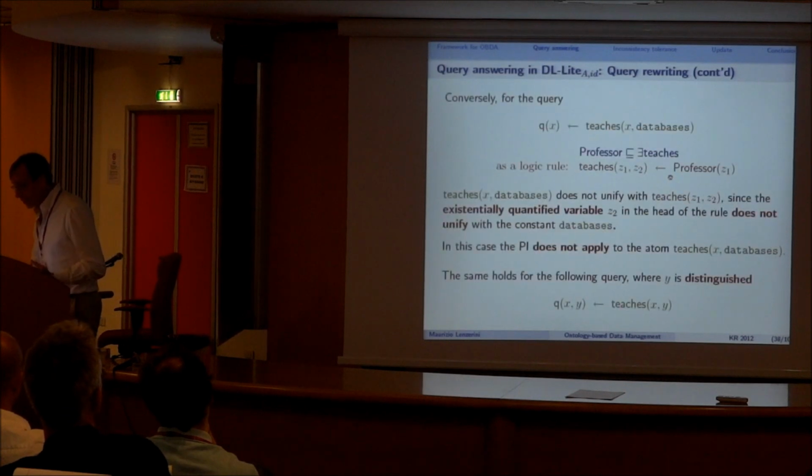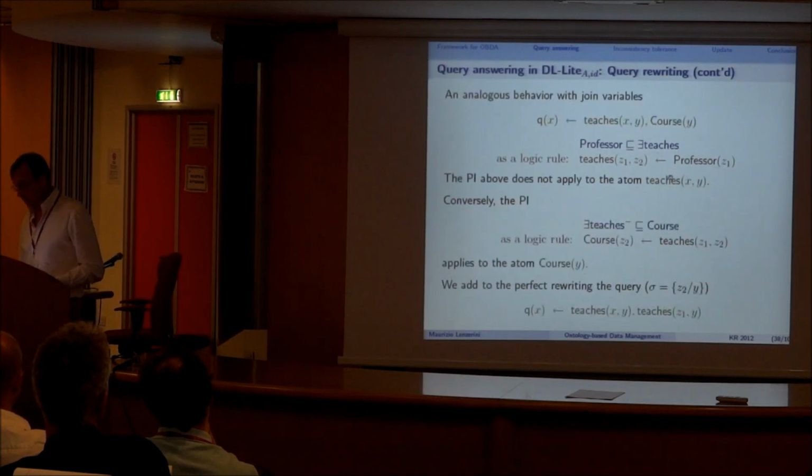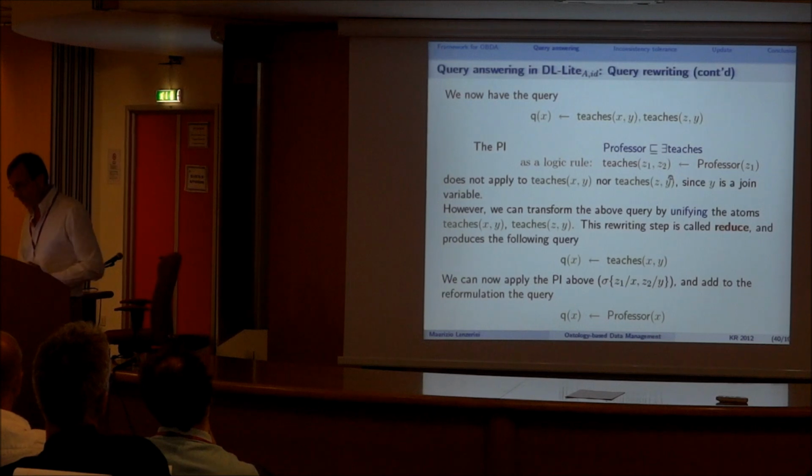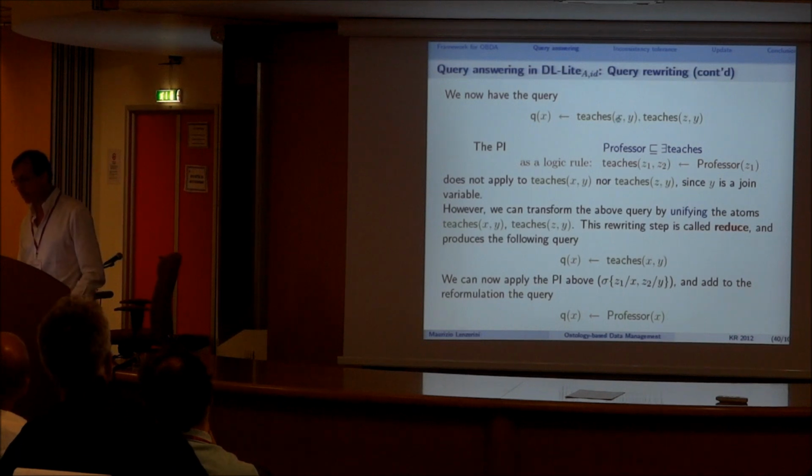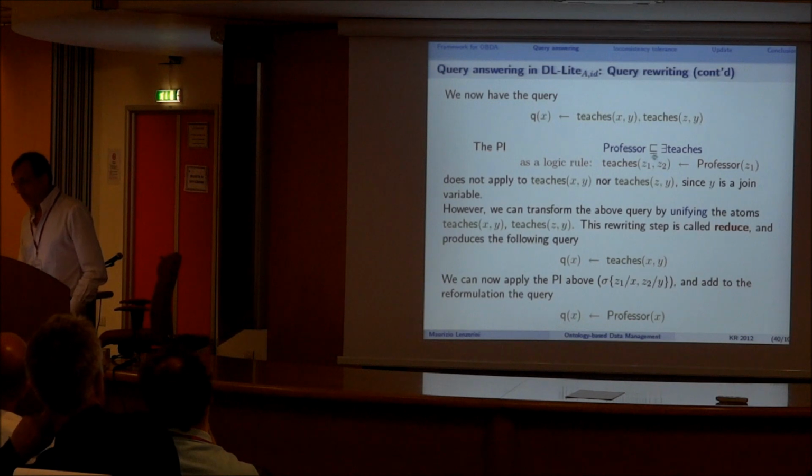A second rewriting step, which is very important, is the reduce step. Let's say that your theory is teaches xy and teaches zy. You have this rule: professor implies there exist teaches.